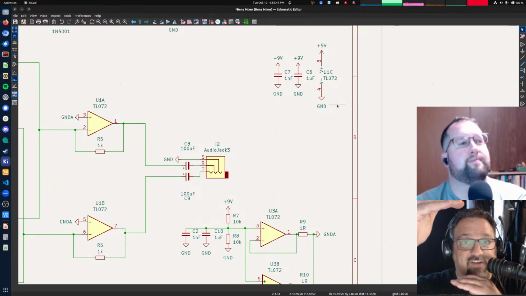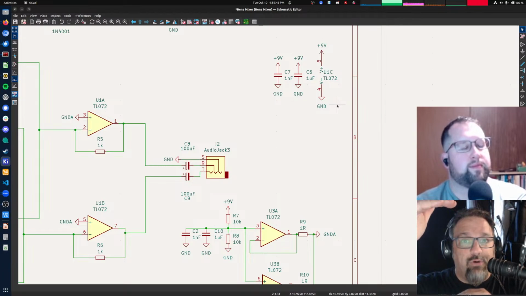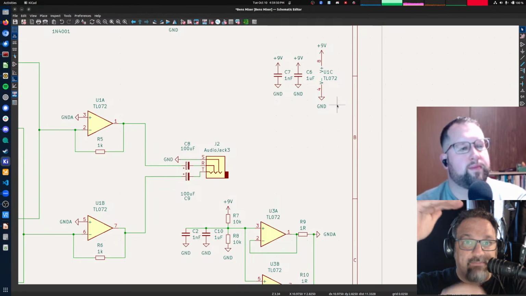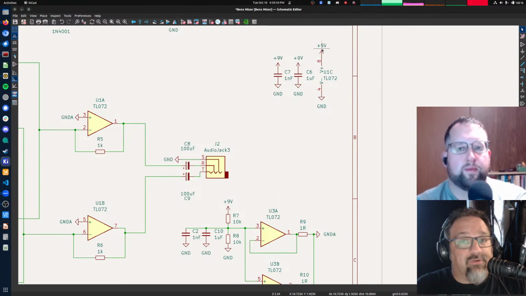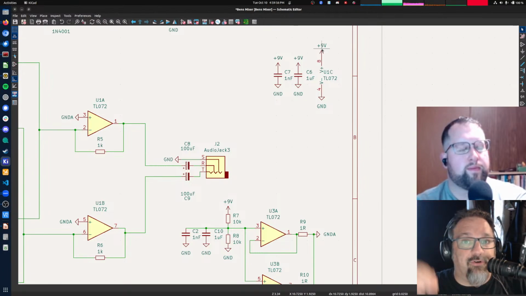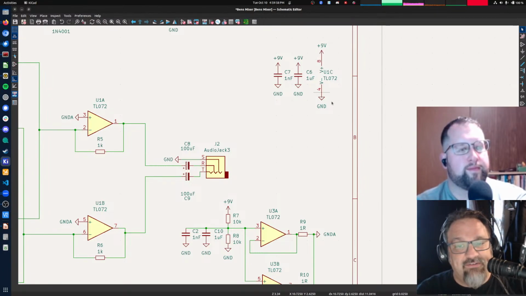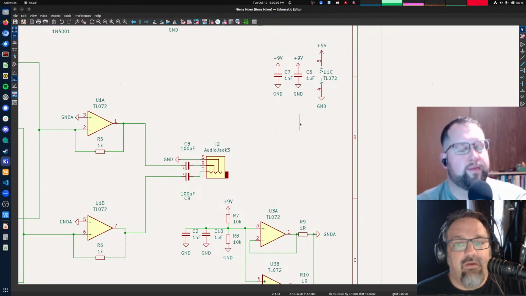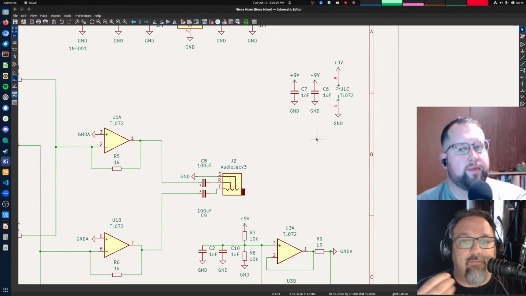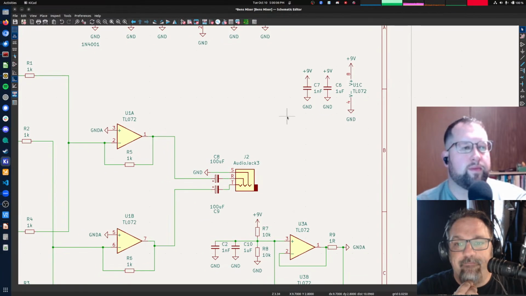So you'd have positive 5 and negative 5, which would give you a total of 10 volts of headroom, 10 volts from top to bottom, right? Whereas you could use 9 volts as well, and then you would have 18 volts of headroom. You'd have plenty of headroom. You would not distort at all in any of these levels that you're likely to see here. You'd just be burning a lot of power in your op amps, but that's okay.